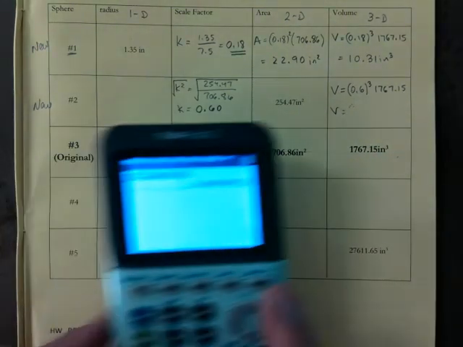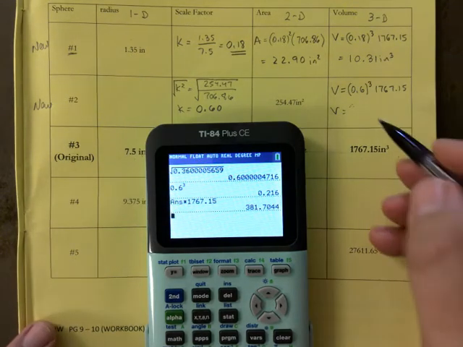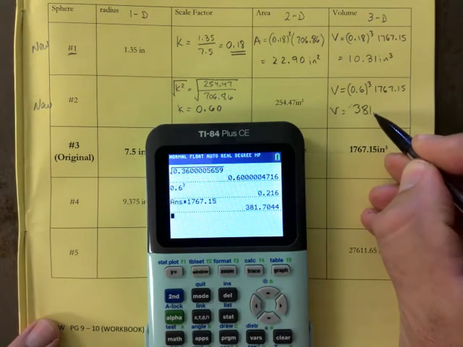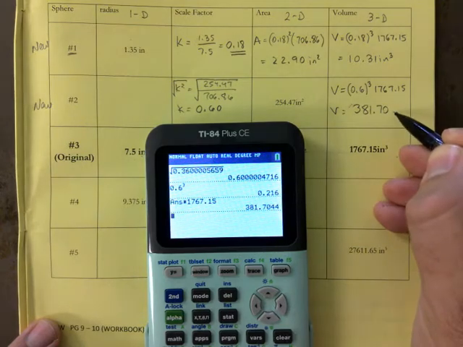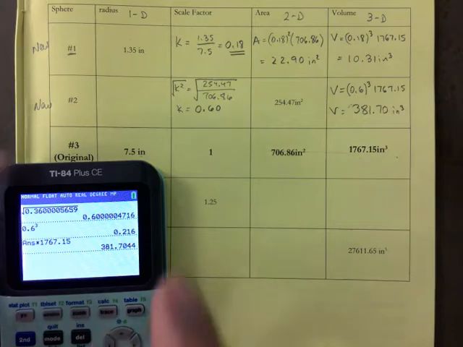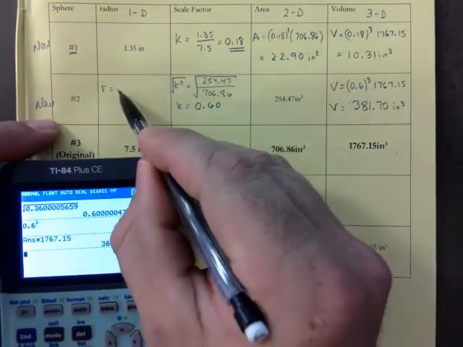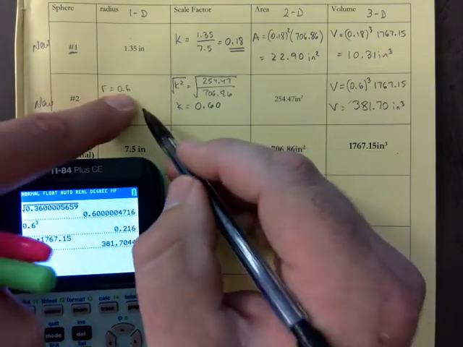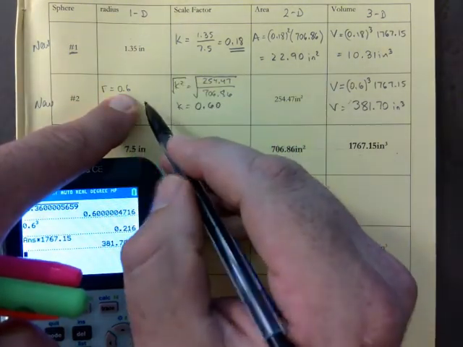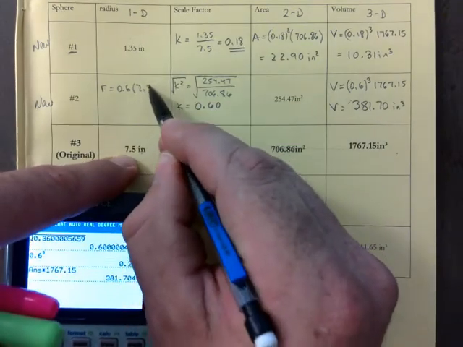So that's basically 0.6 to the power of 3 times 1767.15 cubic inches. And then this one here would just be the radius, would be the scale factor. I don't need to raise it to the power of anything because this is one-dimensional. And then you take the radius of the original, which is 7.5.